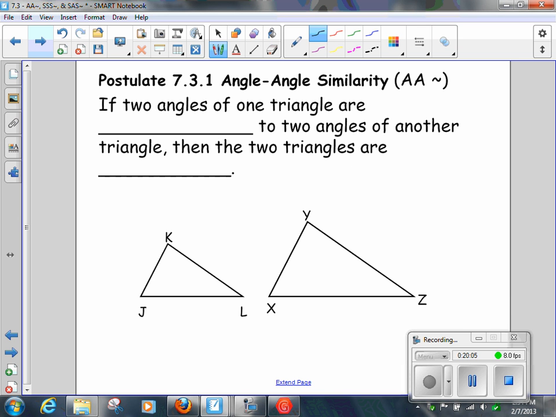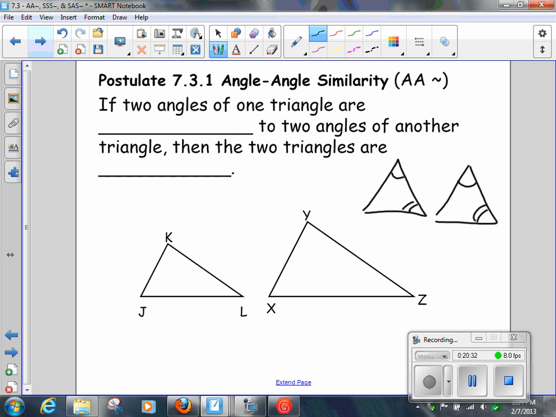just like we had all these theorems and postulates when we were going over triangle congruence, we have the same type of theorems and postulates in similarity. Remember, you would put something like this, and I would go, how are they congruent? And you would go, angle, angle.